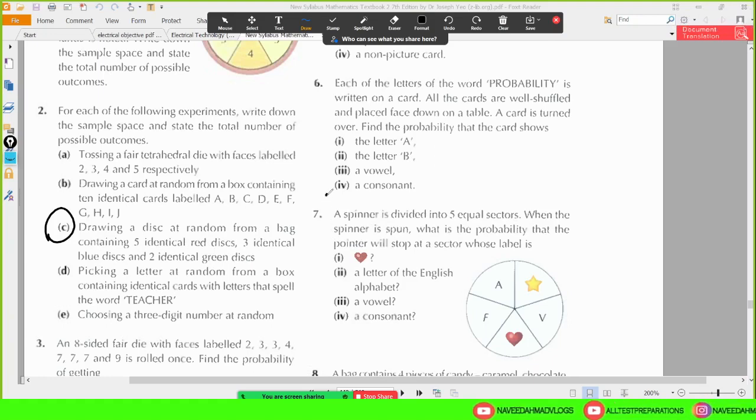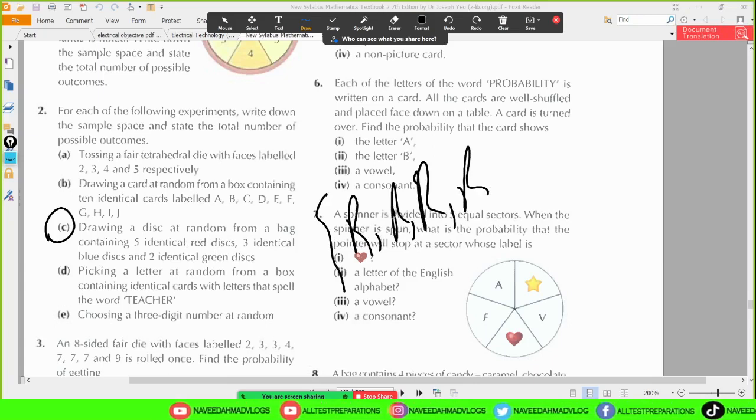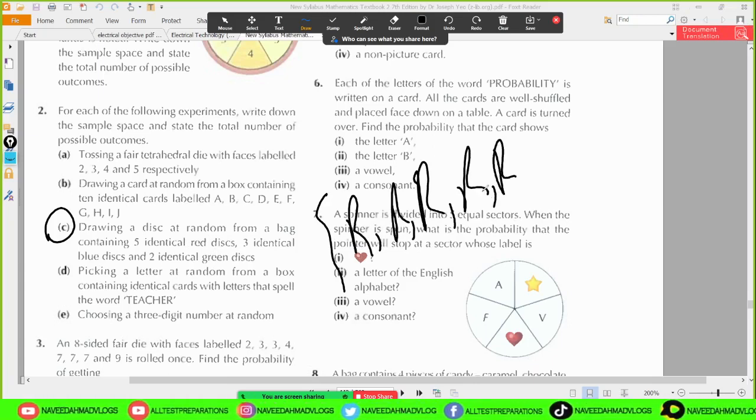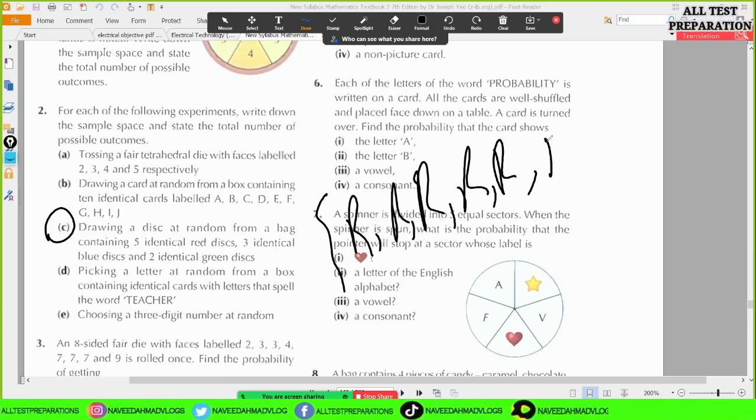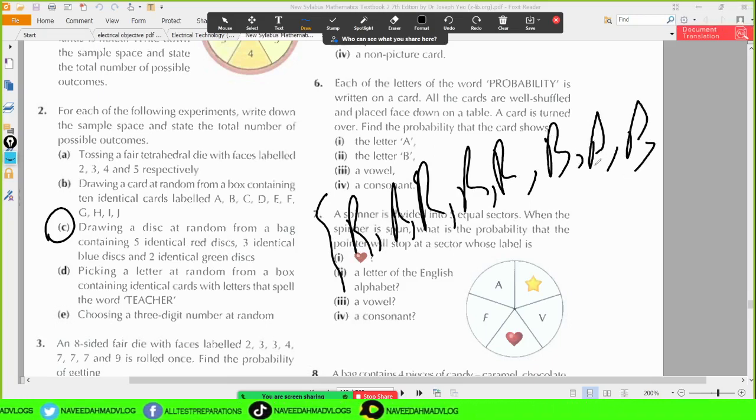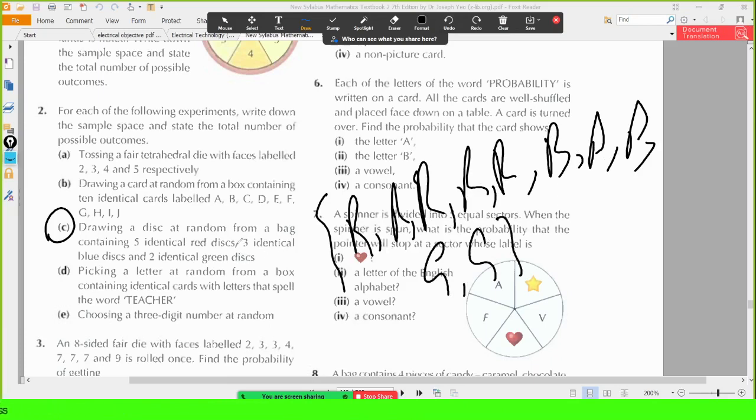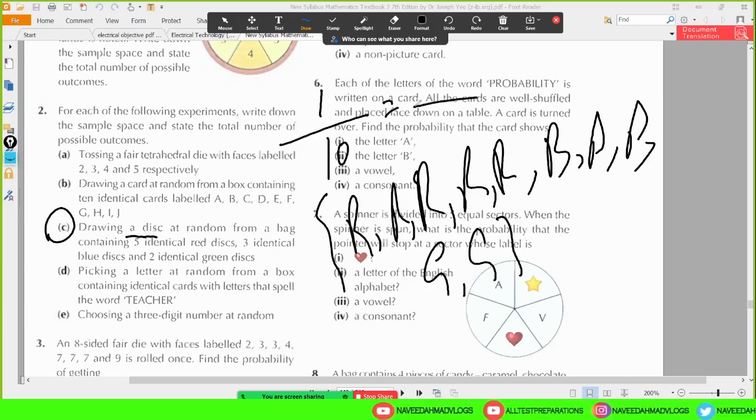So in this case, the number of possible outcomes: red is 5, 1 2 3 4 5, then blue identical, then 2 green. Drawing a disc means you will draw 1 disc, so 1 out of 1 2 3 4 5 6 7 8 9 10, this will be the probability.